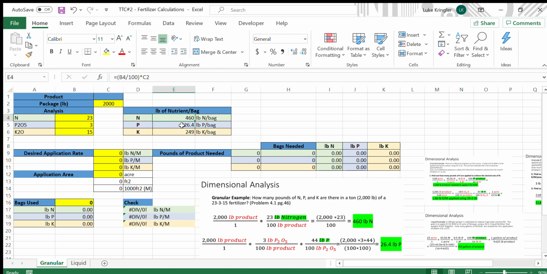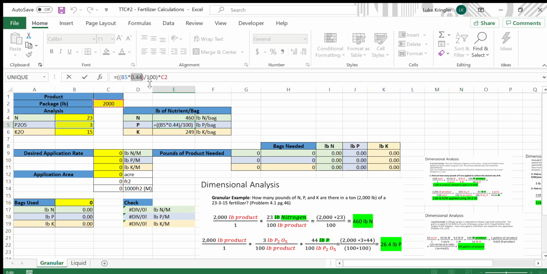Now we look at our phosphorus. So phosphorus in the analysis is P2O5. And in the supplemental material for this video, there's a little more about how to get to this factor of 0.44. But ultimately, in the molecule P2O5, 44% of that total weight in that molecule is made up of phosphorus. So that's why we multiply the middle number in the analysis by 0.44.